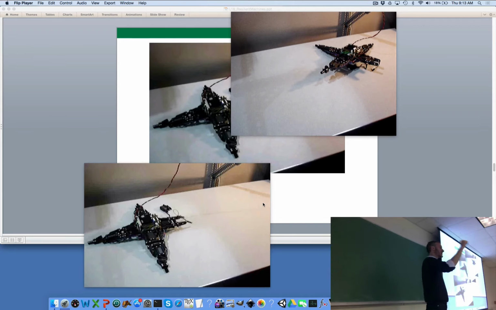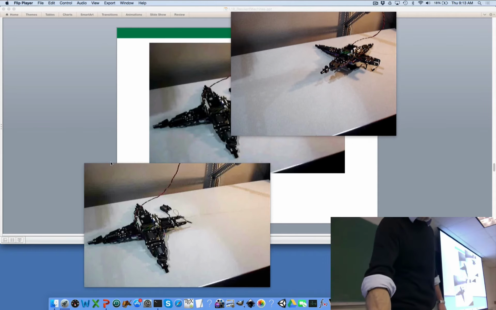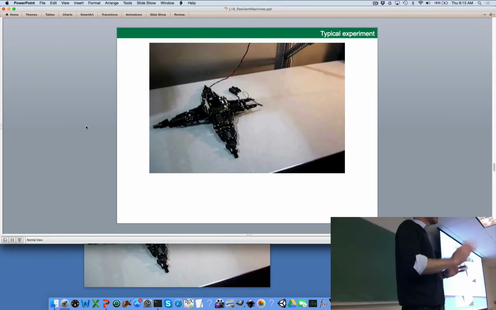If those actions give you back a significantly different sensory repercussion, stop. Update the model of self, use the new model of self to come up with a new action that fulfills the utility function, which in this case is to get from the left side of the table to the right side of the table, and continue. Okay. Any questions about the basic process here?